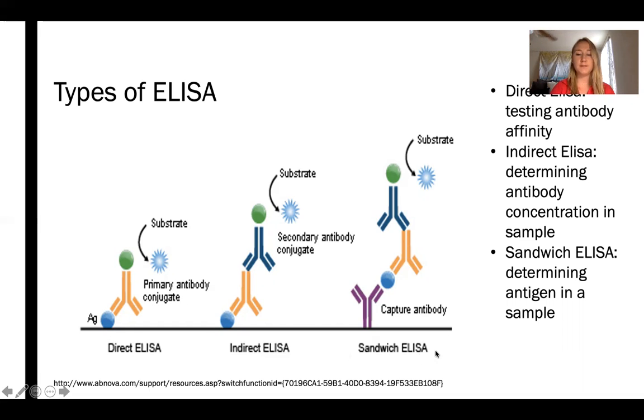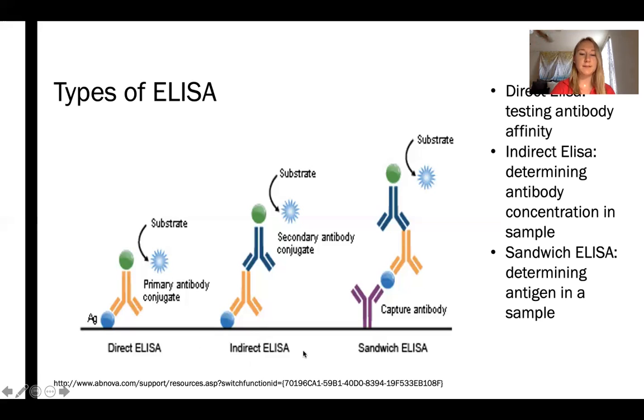And then there's also the sandwich ELISA. So you'll coat initially with a capture antibody, and then you'll add serum with antigen, and then you'll have your primary and secondary antibody, and it'll do the same sort of color change reaction. And with sandwich ELISAs, typically you don't have to purify the serum, so it'll tell you if this antigen is in the serum or not.